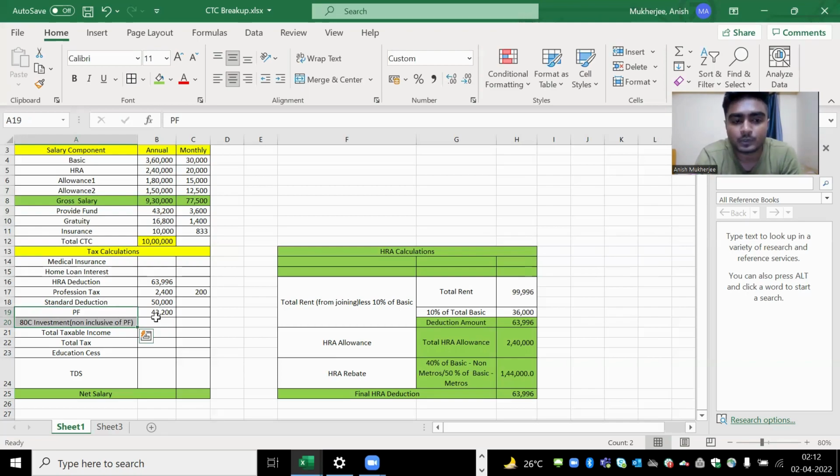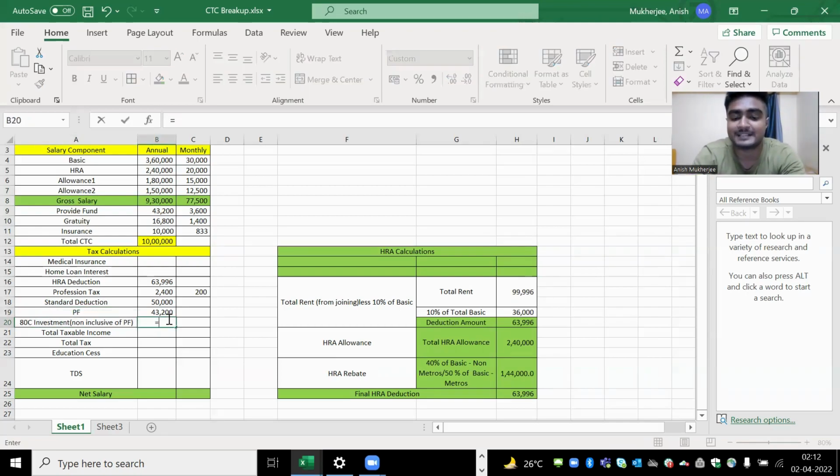The remaining investment amount is 1.5 lakhs minus my PF amount, which is 12% of my basic salary. I will be eligible to claim 1.5 lakh as a deduction on my gross income. This is basically my gross income, the 9,30,000 that I mentioned as gross salary.